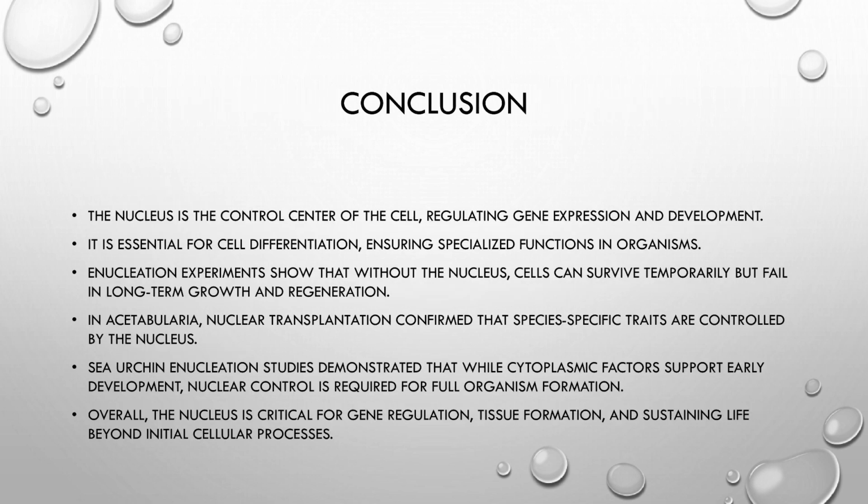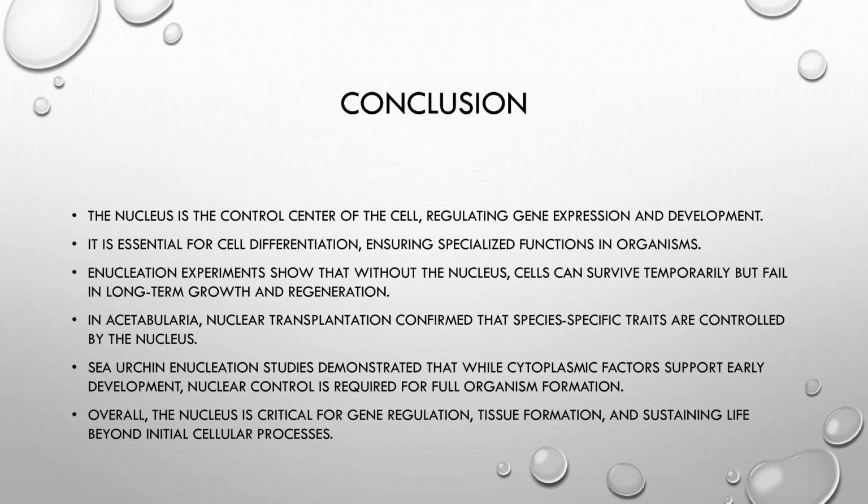Coming to the conclusion, these are the experiments which show the nucleus is important for the survival of a cell. The nucleus is the control center of the cell, regulating gene expression and development, and it is essential for cell differentiation and ensuring specialized functions in organisms. Enucleation experiments show that without the nucleus, a cell can survive temporarily but fails in long-term growth and regeneration.